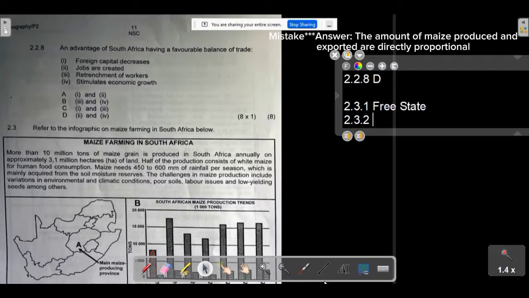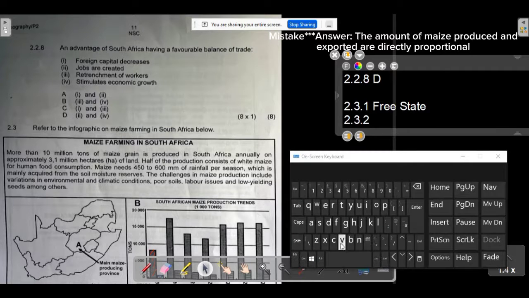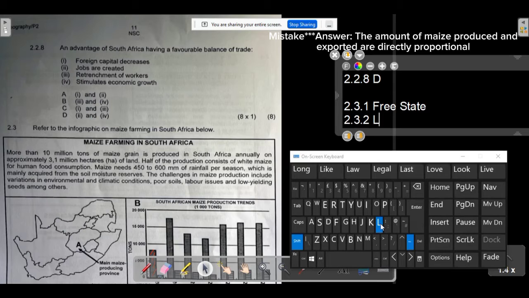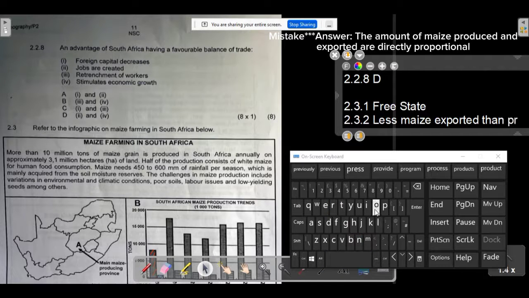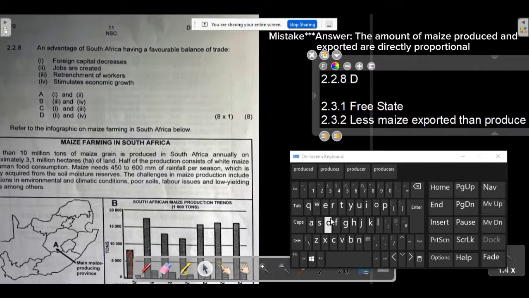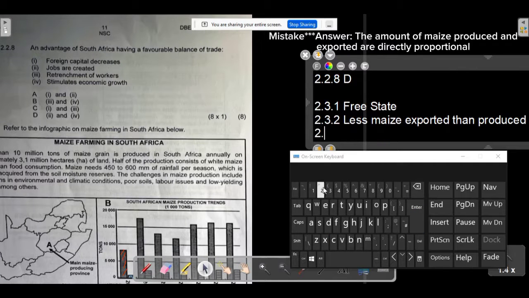Let's say there's less maize exported than produced. So that is us comparing.